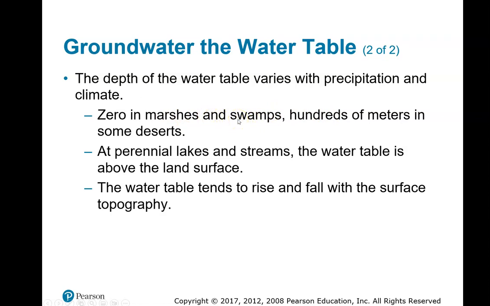And for deserts, you could be hundreds and hundreds of meters below the surface before you get to the water table. Because even in the deep deserts, no matter how dry they are, there's always rainfall. I mean, even if it's just once a year, in some deserts, that's actually true.